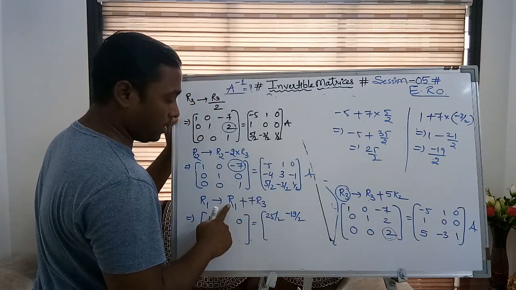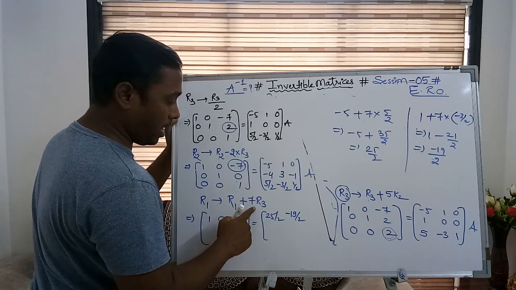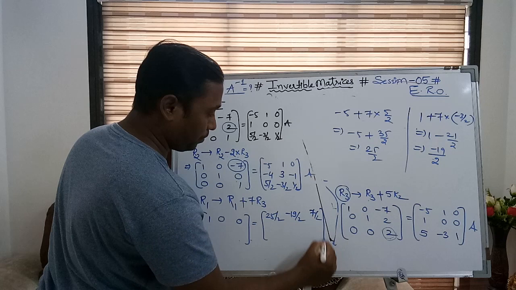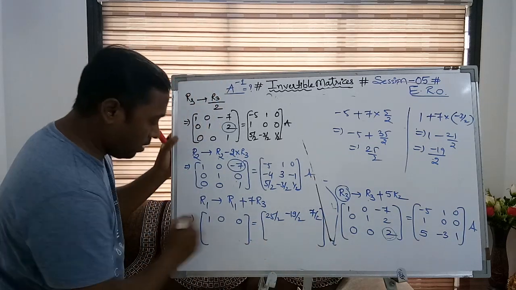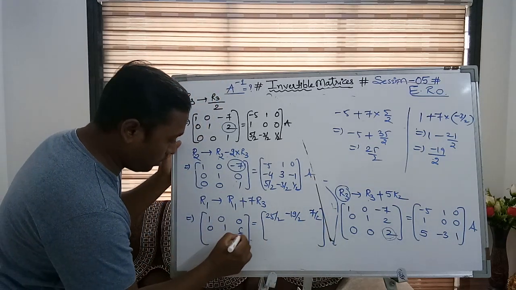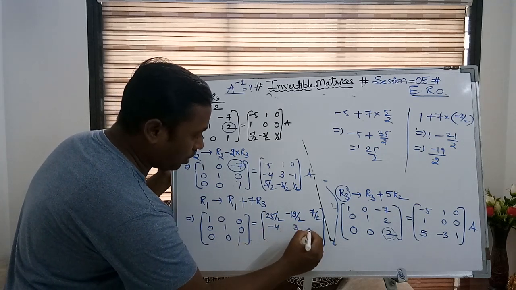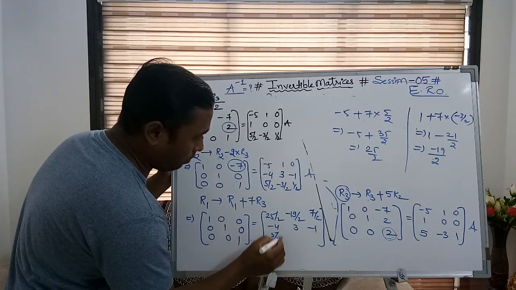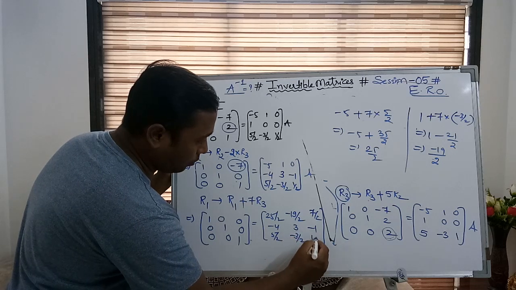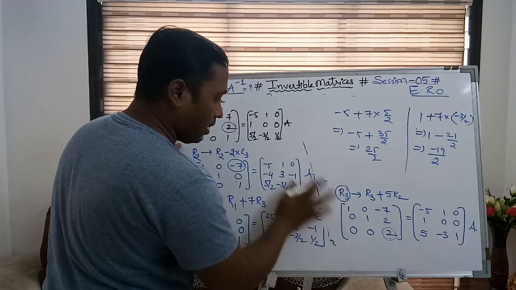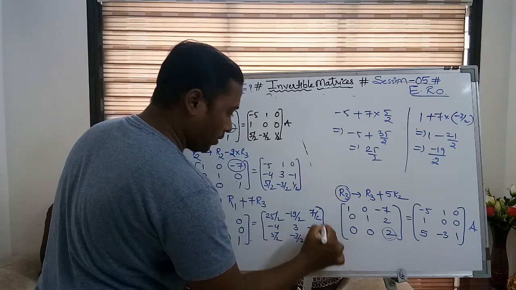Similarly R1 is 0 plus 7 times 1 by 2, which is 7 by 2. Nothing else. Now the rest of the rows are the same. So 0 1 0, 0 0 1 here, minus 4 3 minus 1, 5 by 2 minus 3 by 2 and 1 by 2. What was left in this?